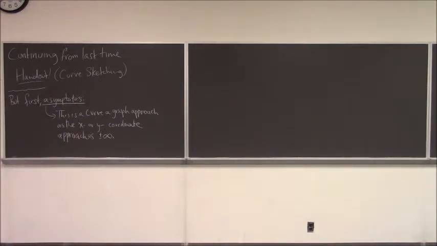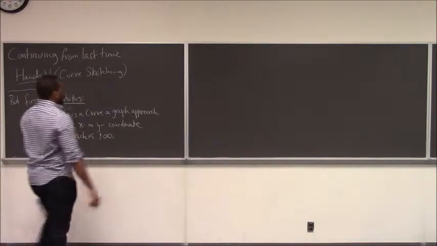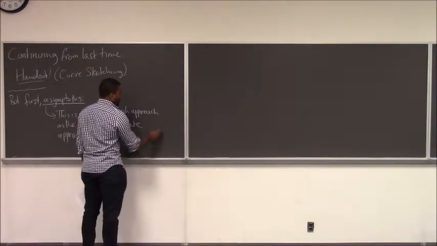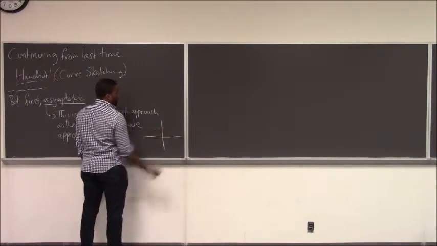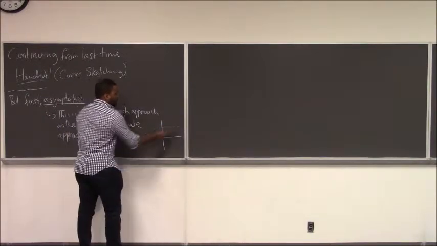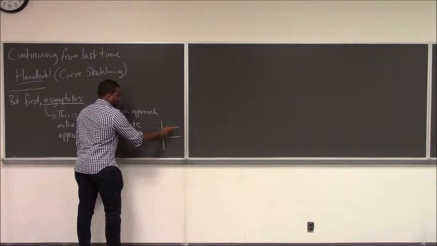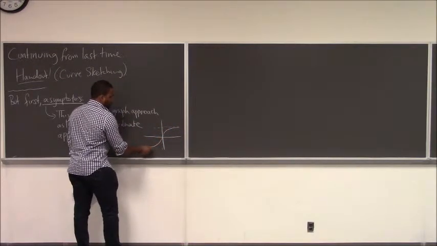So that's the basic idea. So sometimes you have this sort of behavior where you might have a straight line or some other kind of curve, but you realize your curve gets closer and closer to that curve as one of your coordinates goes to infinity.